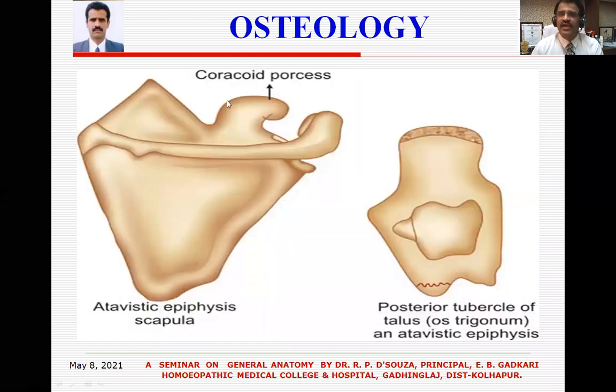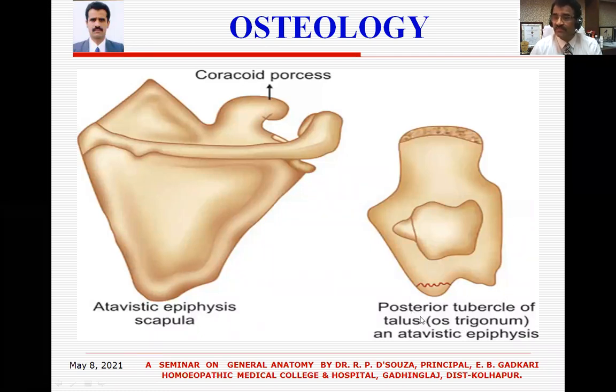Here you can see the coracoid process. This coracoid process is a separate bone, but it is getting fused with the scapula, so it is called atavistic epiphysis. Also, in case of os trigonum, the posterior tubercle of talus, the talus bone which is present in the foot, one of the tarsals, has one small posterior tubercle, this portion.